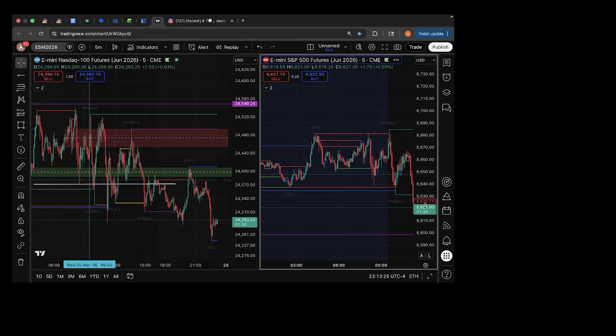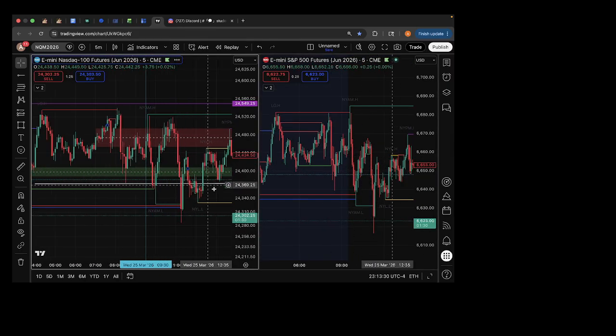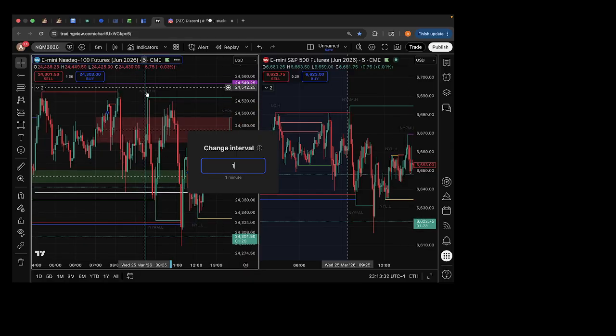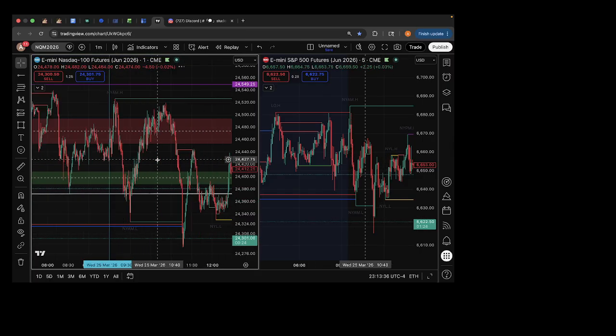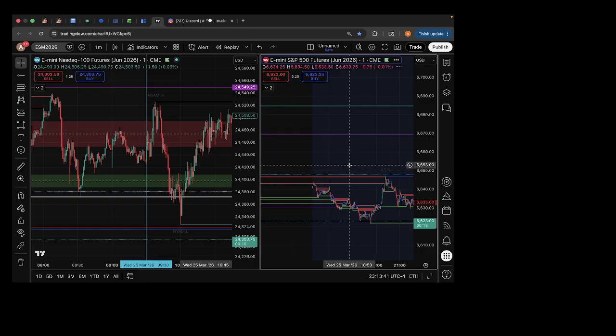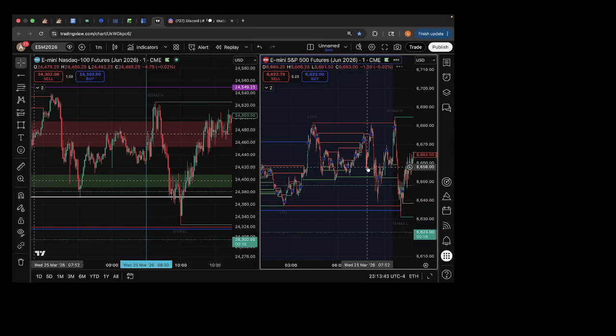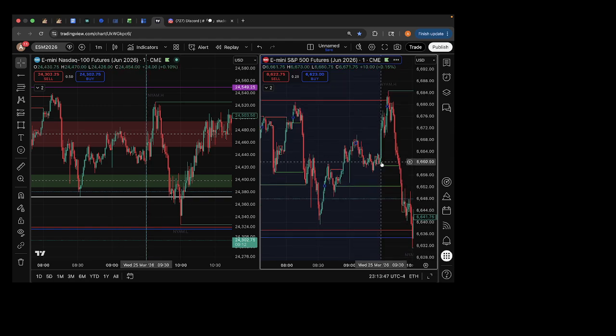What do we see here? If we're bullish, remember it's time to expand. So market open, displaced higher.